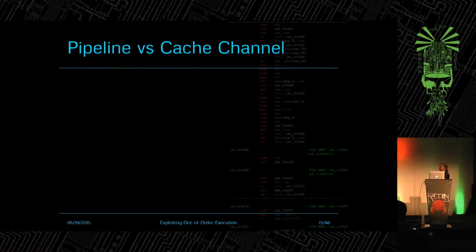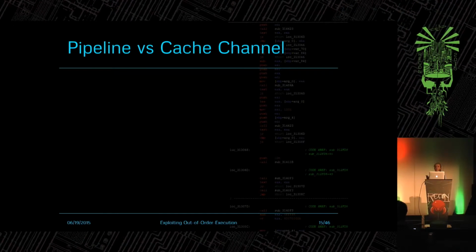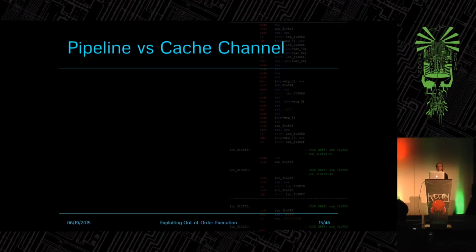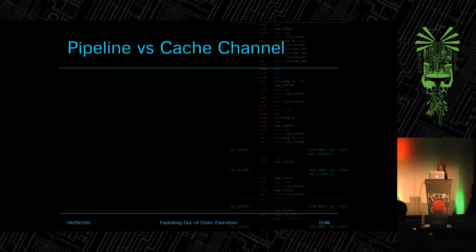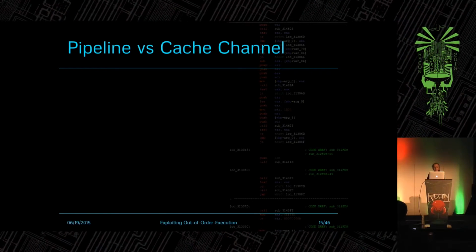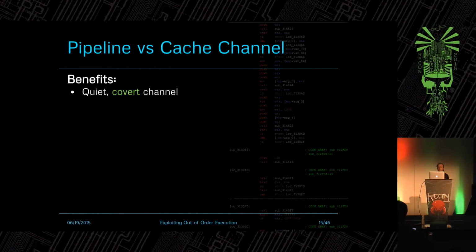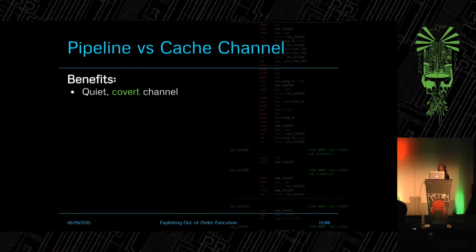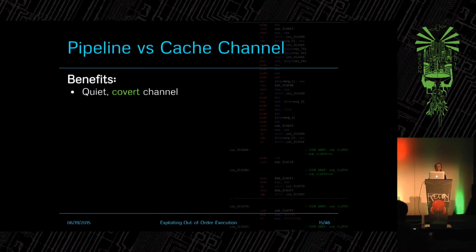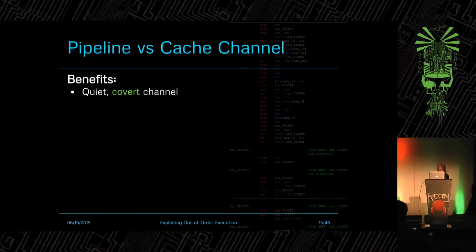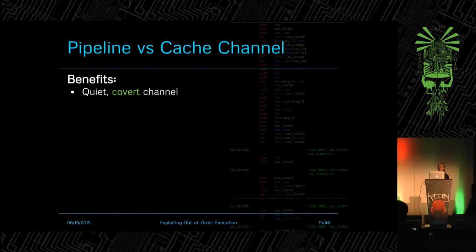Now, specifically, my research involves attacking the pipeline. So how can we use the pipeline in a similar way that most people use the cache to create side channels? Well, there's a couple of benefits of the pipeline versus the cache. The first, it's quieter. It's much harder to detect that someone's misusing the pipeline as opposed to the cache, simply because the cache is easier to query or interact with.